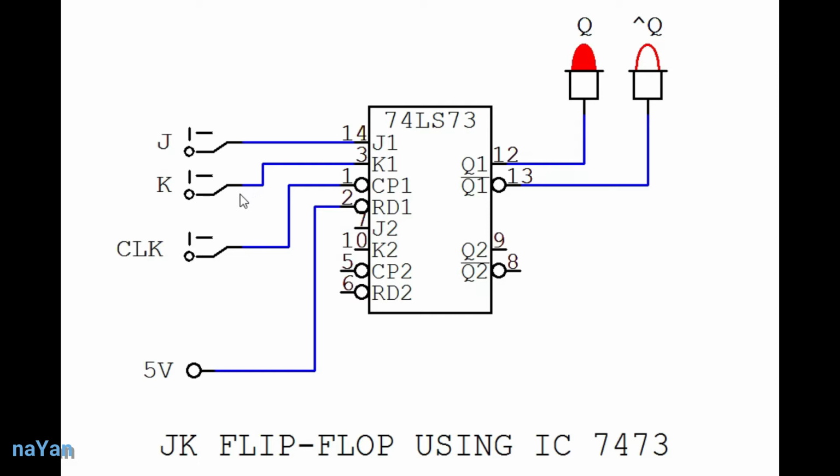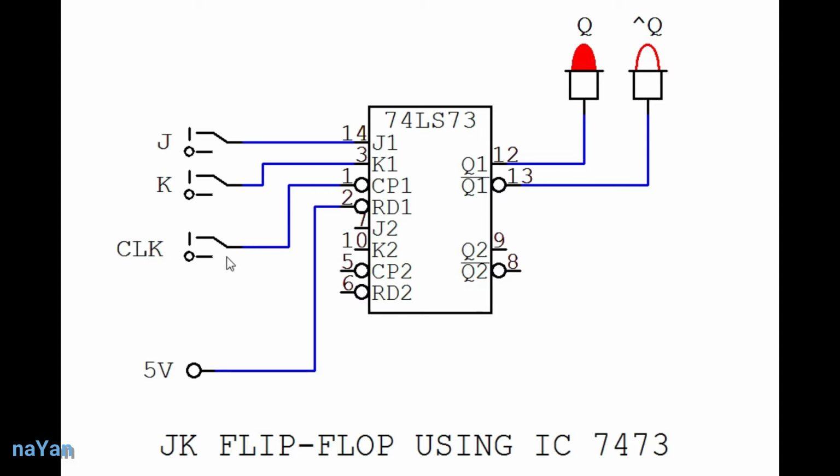Now the last condition. I make this clock 1 again, and now I change to J 1 and K 1. When J is 1 and K is 1 and we apply the clock, we should see a toggle in the output. In this situation, if Q is 1, then when we apply the clock, we should get 0.